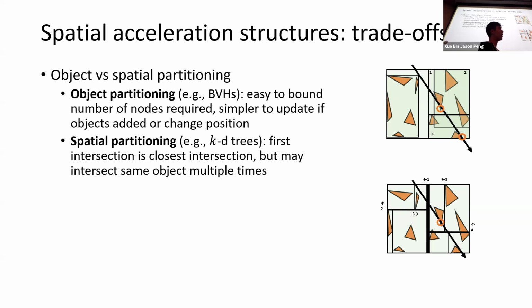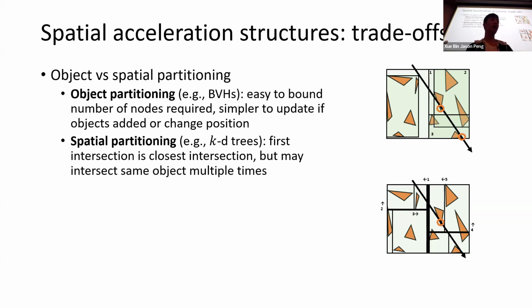If you were, on the other hand, in the case of a KD tree, it's not as easy to adjust the partitionings to account for objects that are moving around. Space partitioning data structures, on the other hand, have a nice characteristic that, in the case of a KD tree, the first object that you detect an intersection with is guaranteed to be the closest intersection.